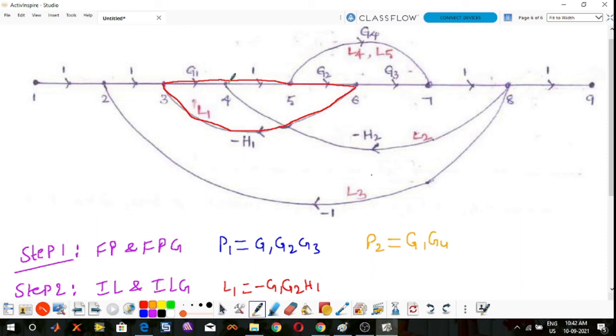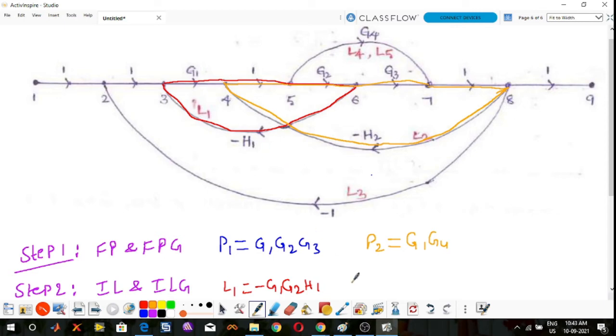And the second individual loop is 4 to 5, 5 to 6, 6 to 7, 7 to 8, 8 to 4. That is the second individual loop.